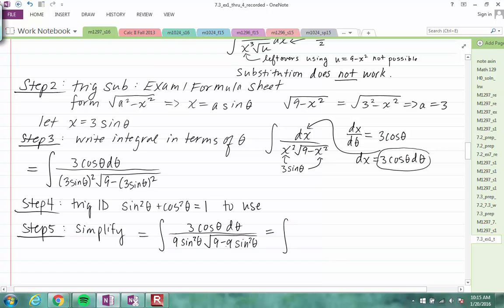Next thing, notice that you have a common factor of 9 down here, and you want to pull that out. I'm going to do a few more steps here than what I would expect you to do and what I'll show later on, just because we're starting out. I can do the simplification as I go.